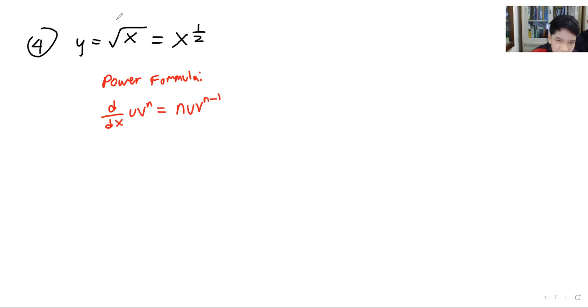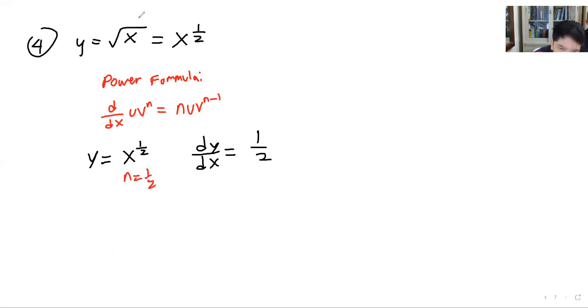Okay, so if we find d/dx of y, now we'll have a harder problem. So that would be 1/2 x, where n equals 1/2.